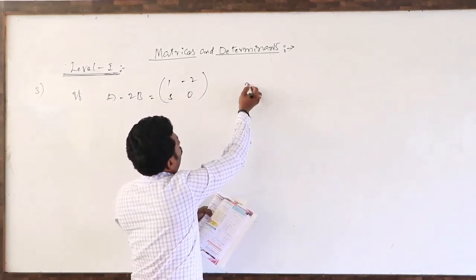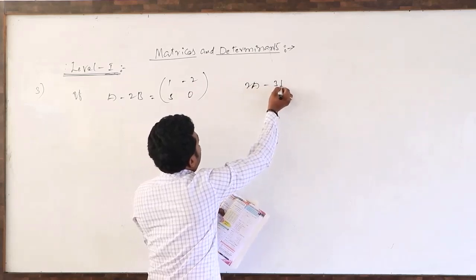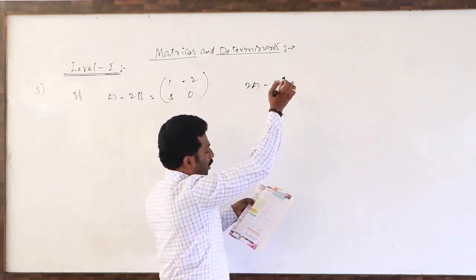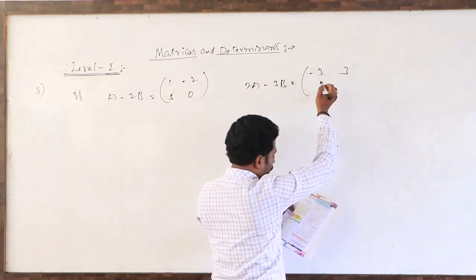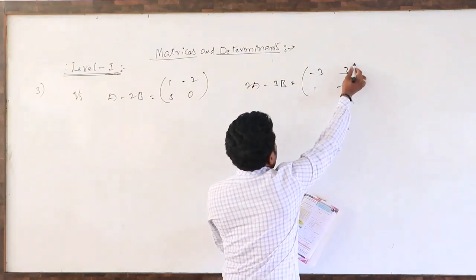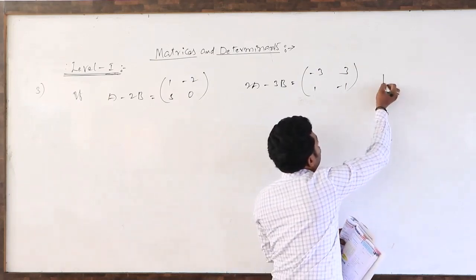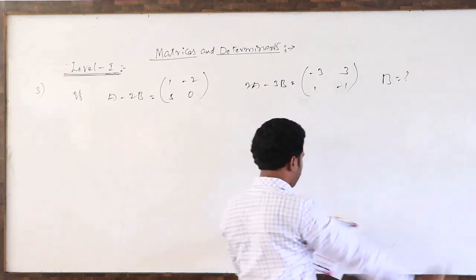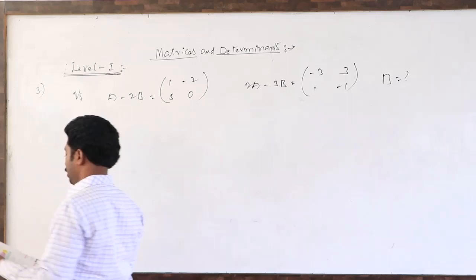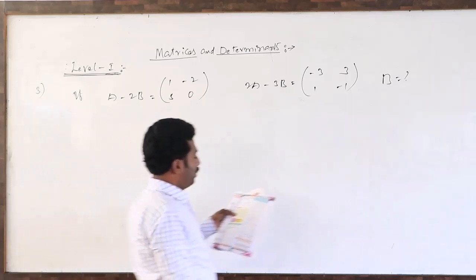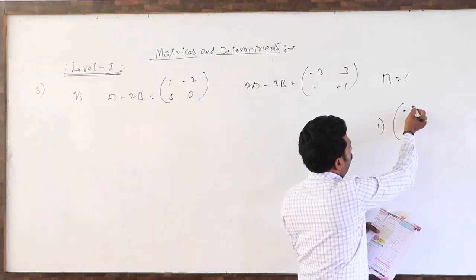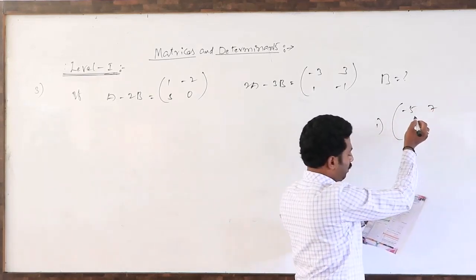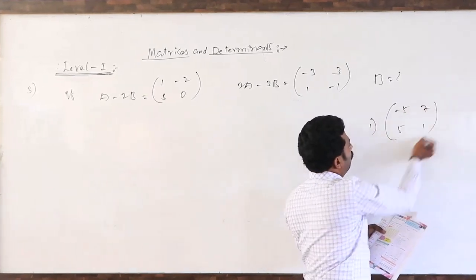Then 2A minus 3B equal to another matrix, minus 3, 3, 1, minus 1. Then they are asking what is the B matrix. So here 4 options. First one: minus 5, 7, 5, 1.